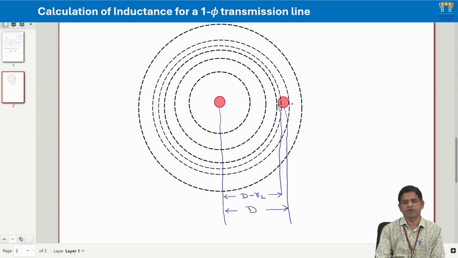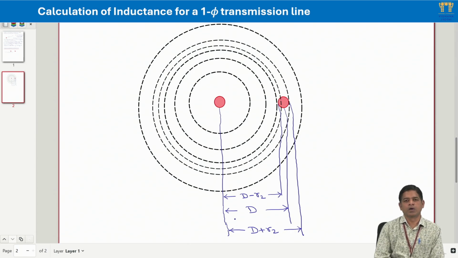Similarly, from the center of conductor 1 to the outer surface of conductor 2, the distance will be D plus R2.